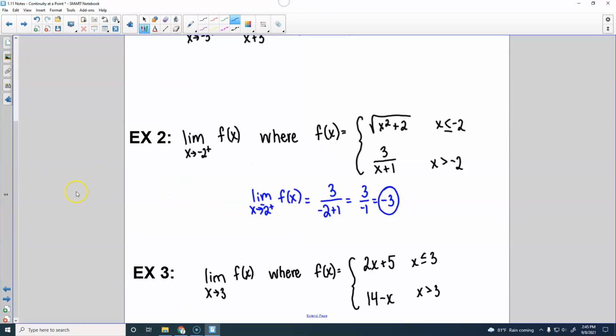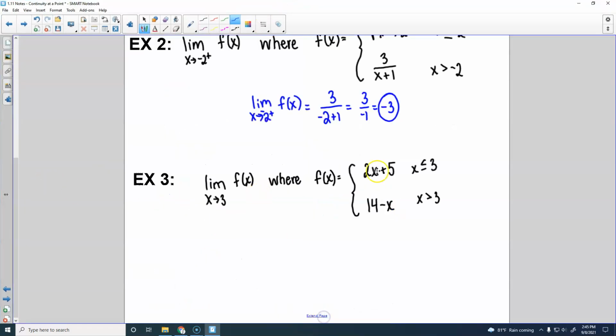So if we want to think about this next one without graphing, we're asked to find the limit as x approaches 3 of f of x. Now, this is actually from both sides. But for that limit from both sides to exist, the limit from the left and the limit from the right have to equal each other.